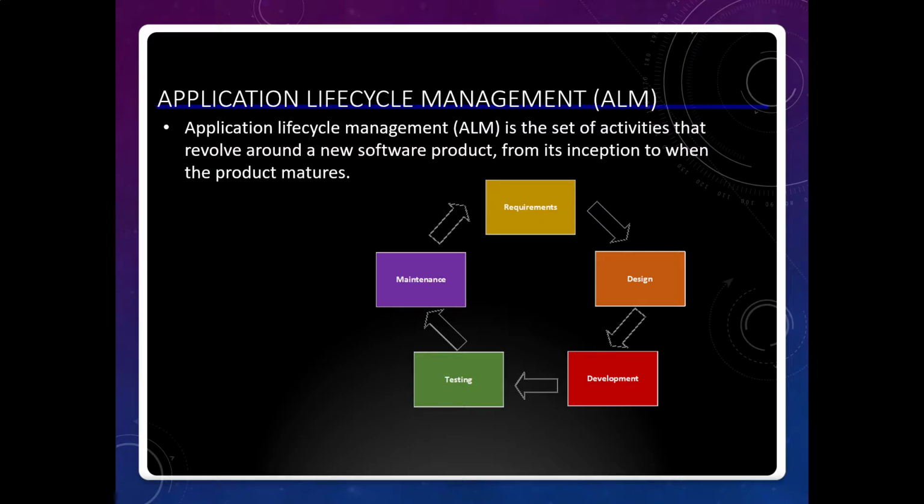It really comes down to whether we combine certain things into one level and give it a name, or whether we split it up into 2 separate levels. But basically, it revolves around the activities that we do to create a new software project from the time we start it to when the project matures, meaning when it's done, if it's ever done, right? We'll talk about that too.